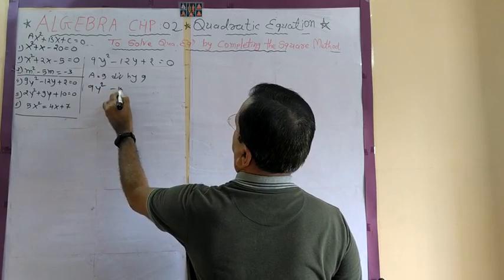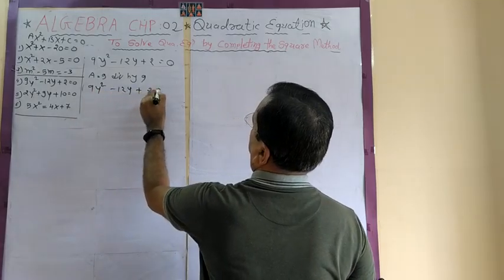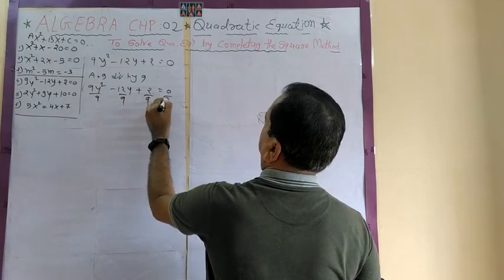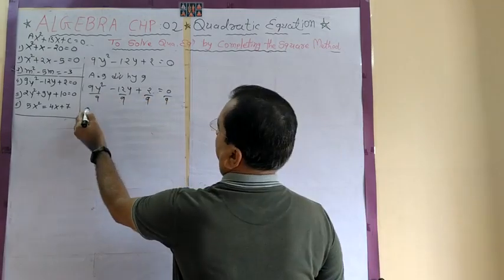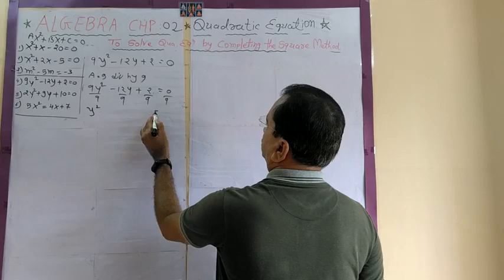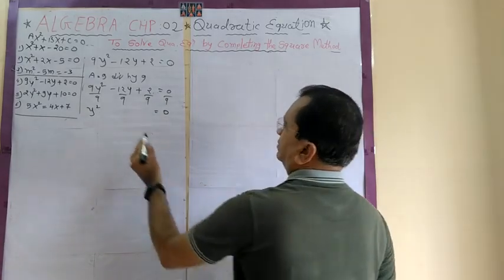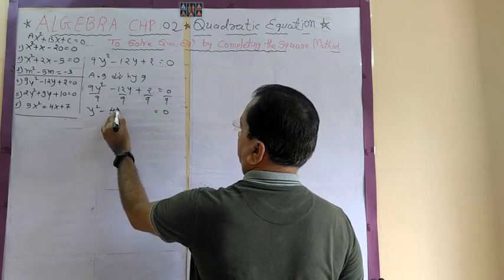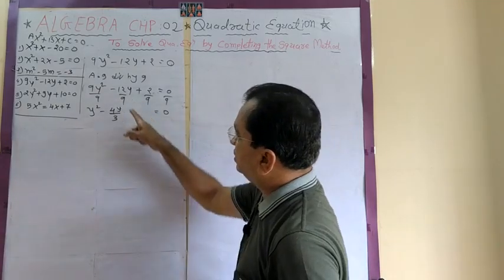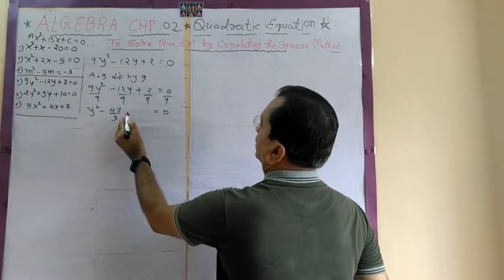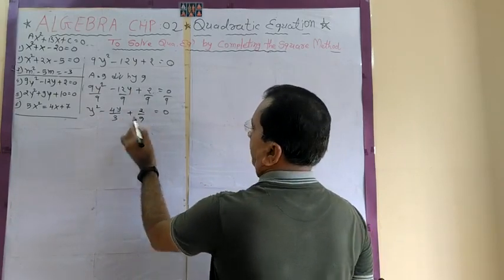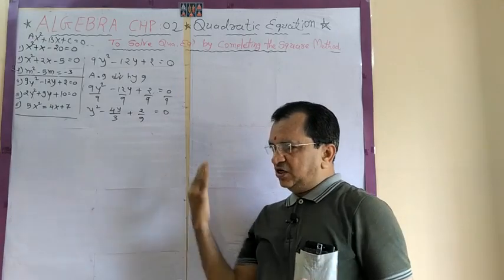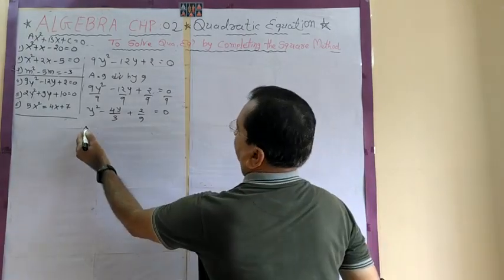Same, 9 by 9 by 9 by 9. This will cancel, so simply y square. 0 divided by any number is 0. 3 3s are 9, 3 4s are 12, sorry. With 3 I have cut, plus 2 by 9. So now it is like this. Now take c on the right side, from left to right.